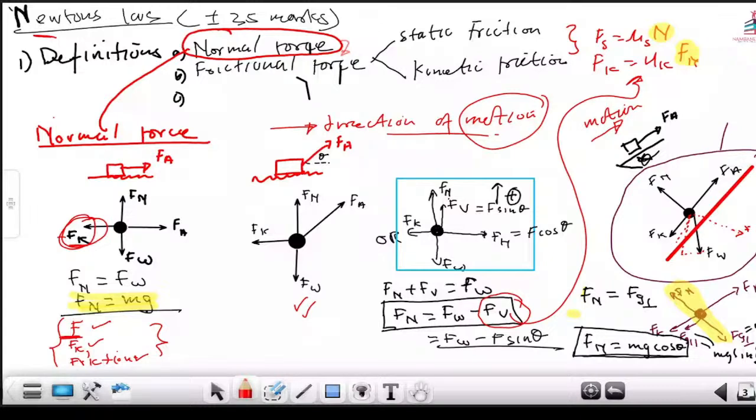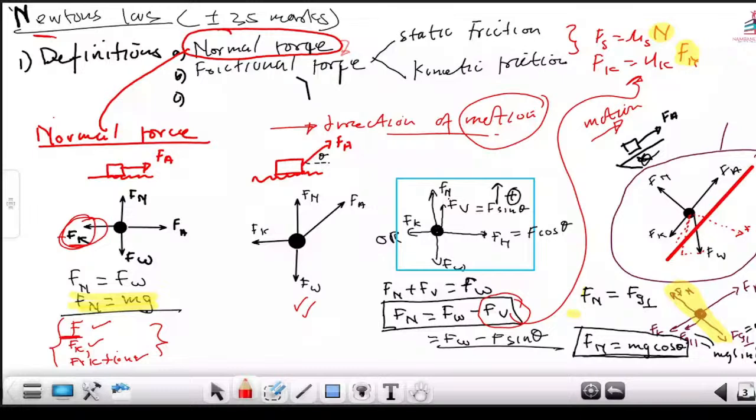I want to move away from the word work because it's for another topic for another day. So ladies and gentlemen, in drawing a free body diagram, the actual understanding of FV equals F sine theta, FH equals F cos theta, is very, very important.